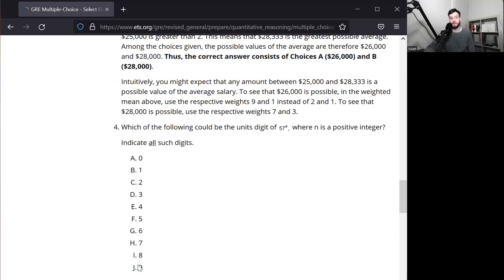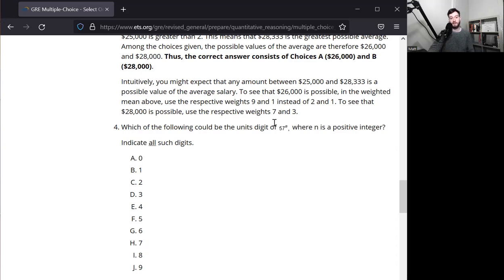Well, we'd just keep going. We would think, okay, 3 now. 3 times 7 is 21. So the units digit in that case would be 1 if n were 1 greater. And then we end up being in a loop because if n were 1 greater than that, the 1 times the 7 would go back all the way to the 7.